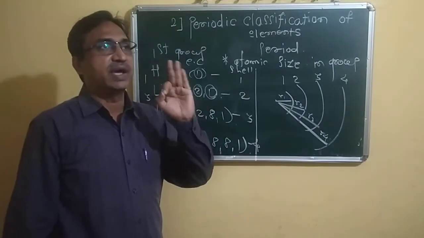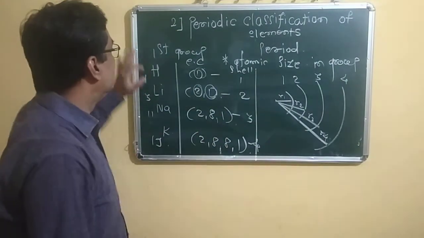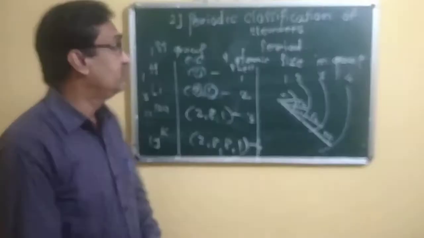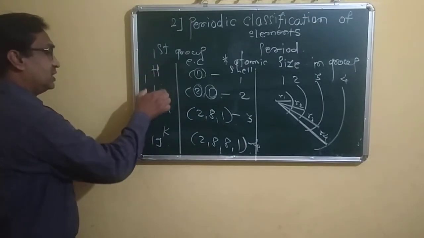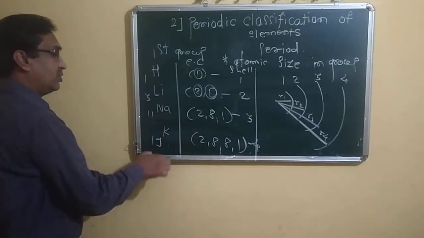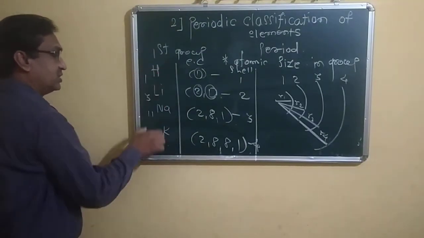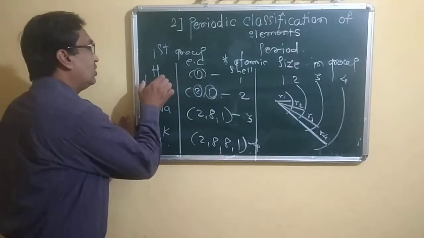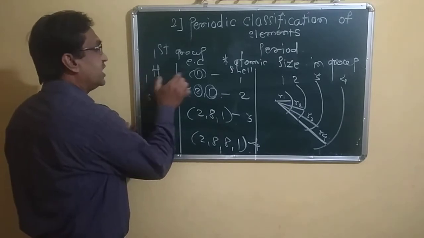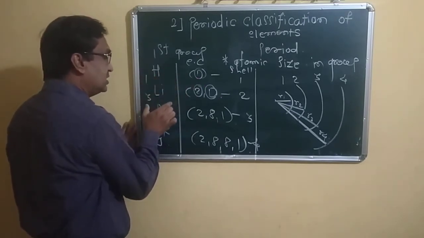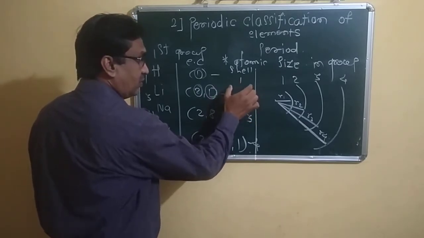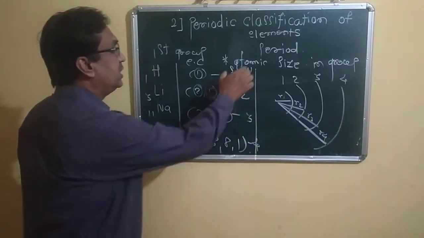Why does atomic size increase from top to bottom in a group? Because as the number of protons and electrons increases, the positive charge and negative charge also increase, but the number of shells utilized increases by one each time, that is 1, 2, 3, 4.